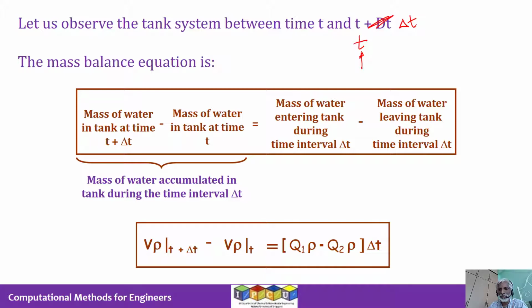Then we look at the system for delta t time units, so we stop looking at t plus delta t. This is the start time, this is the end time, and therefore the duration of observation of the system is delta t.